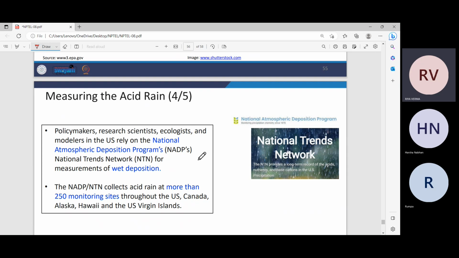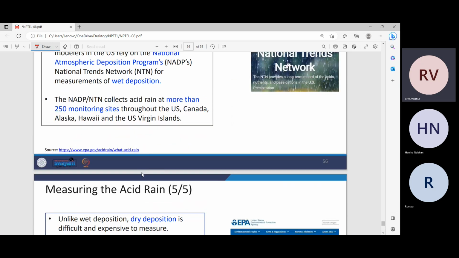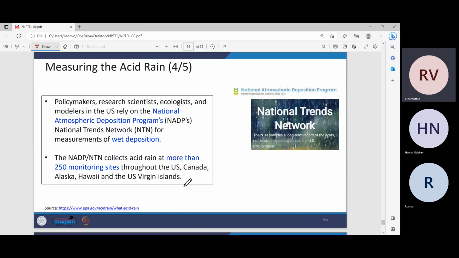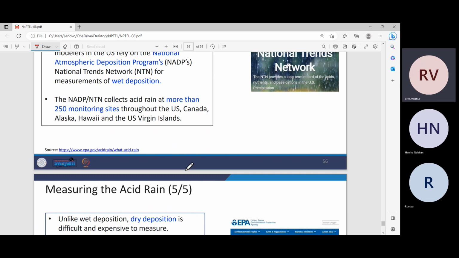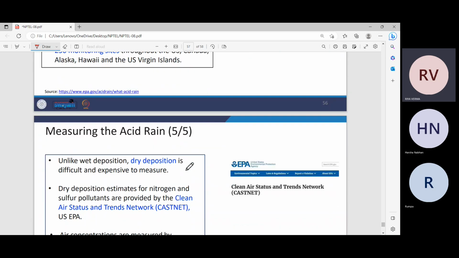So they collect the acid rain at more than 250 monitoring sites throughout the US, Canada, Alaska, Hawaii, and the US Virgin Islands. They collect the samples of the acid rain, and then they test those samples and give out the values of acidity, or the measurement of the pH is done.